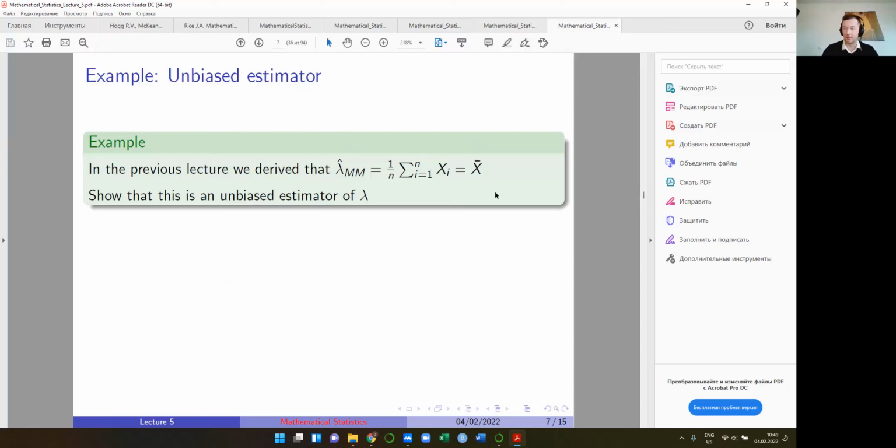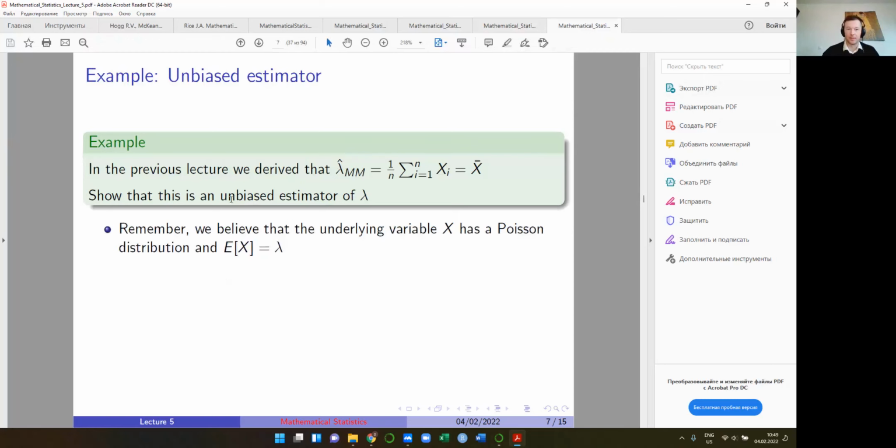Well, first of all, we believe that the underlying variable x has a Poisson distribution and its expected value is lambda. This is a property of the Poisson distribution. Next, we want to calculate the expected value of our estimator, the expected value of lambda hat. Instead of lambda hat, I plug in the way I calculated it.